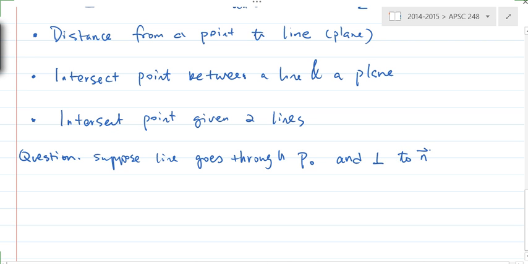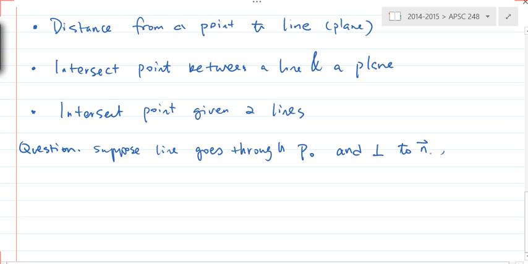I want you to answer: will the solution for this line be unique, or could you have multiple solutions? Can you illustrate that? It's just general. Will the solution be unique? Why? Try to illustrate.